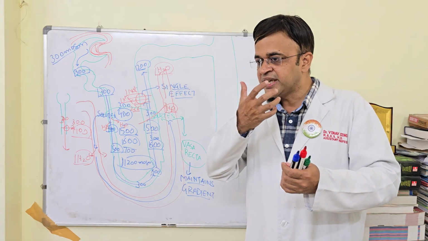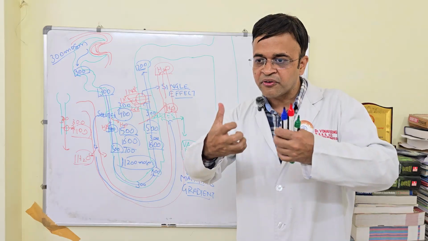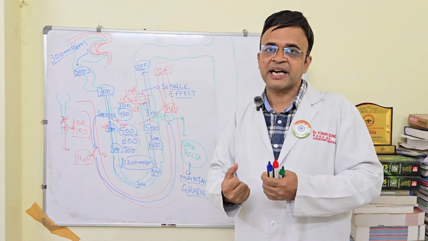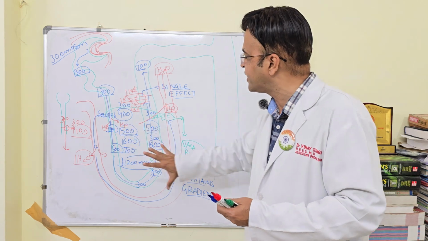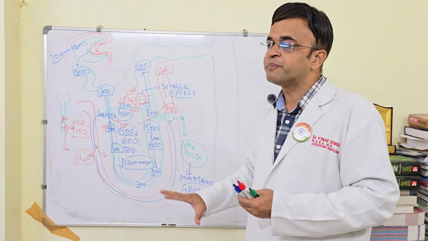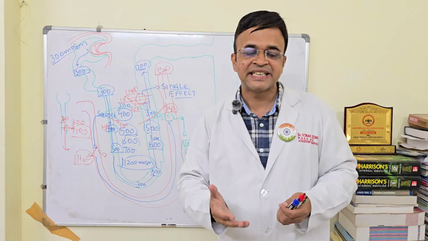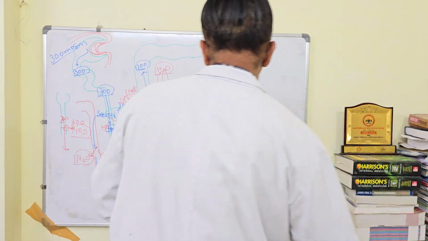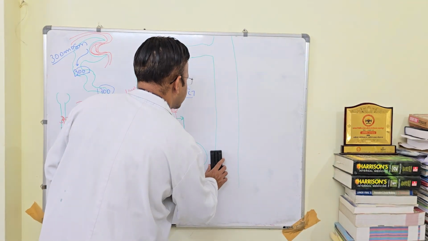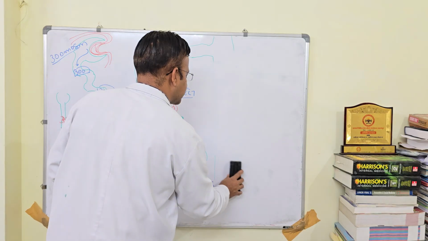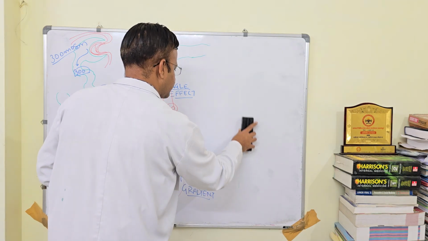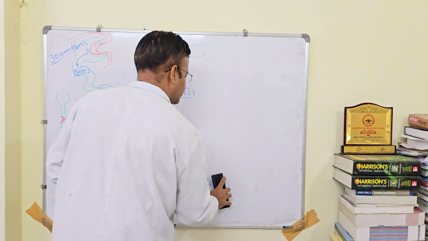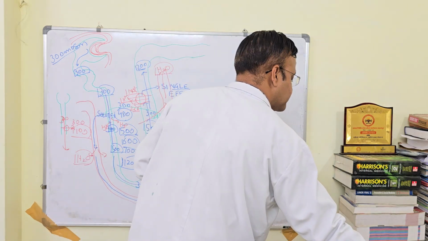So we need a concentrated medulla for proper reabsorption of water in the collecting duct. So the loop of Henle is doing all this hard work to create a medullary gradient for the medullary portion of the collecting duct, right? We will draw this collecting duct a little to the side so that we can have some extra space, right? Okay.